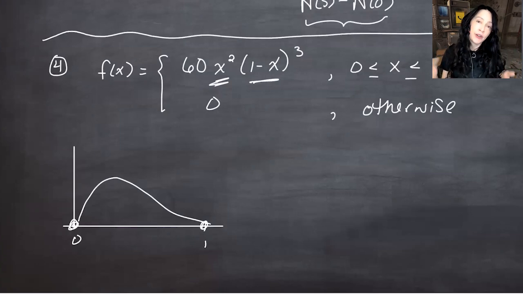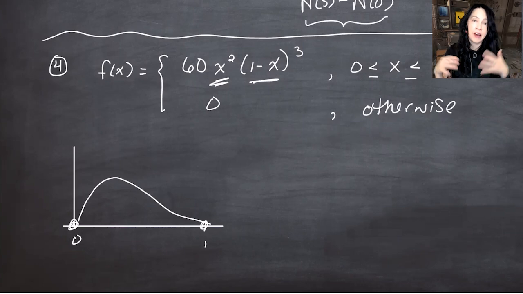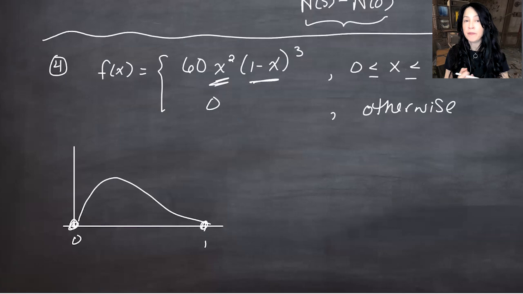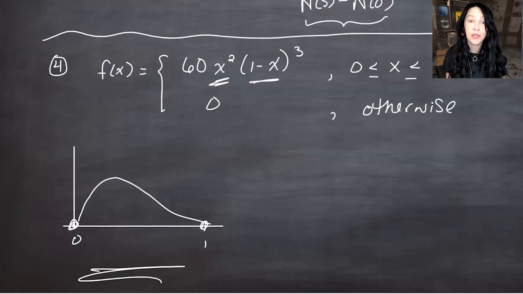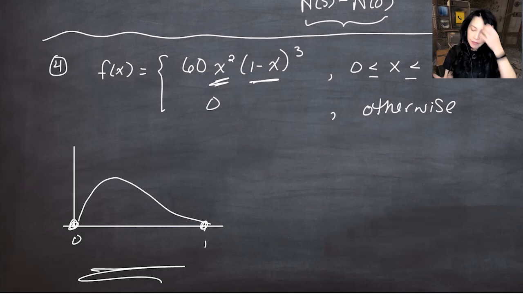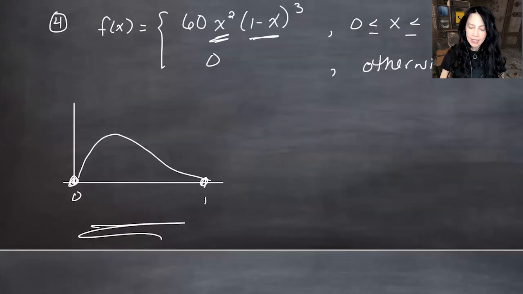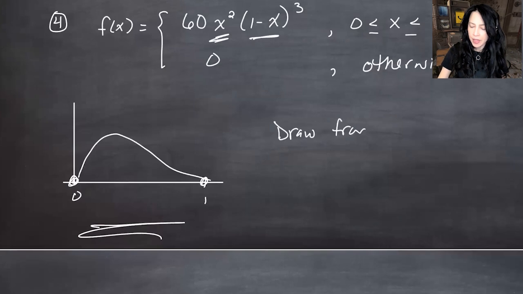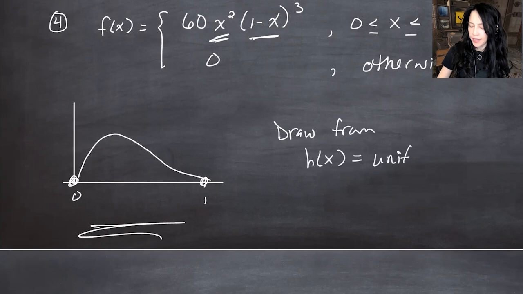And then you want to integrate that and get a constant and divide by the constant to normalize g into a PDF h that you can draw from. And anytime you're on a finite interval, a uniform distribution would work. I'm not saying it's anywhere near optimal, but the first thing I think of for a finite interval is to draw from h of x being the uniform 0, 1 PDF.